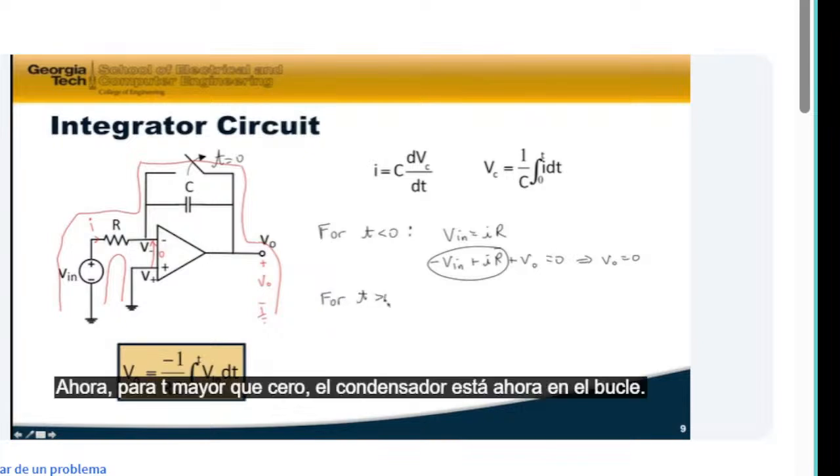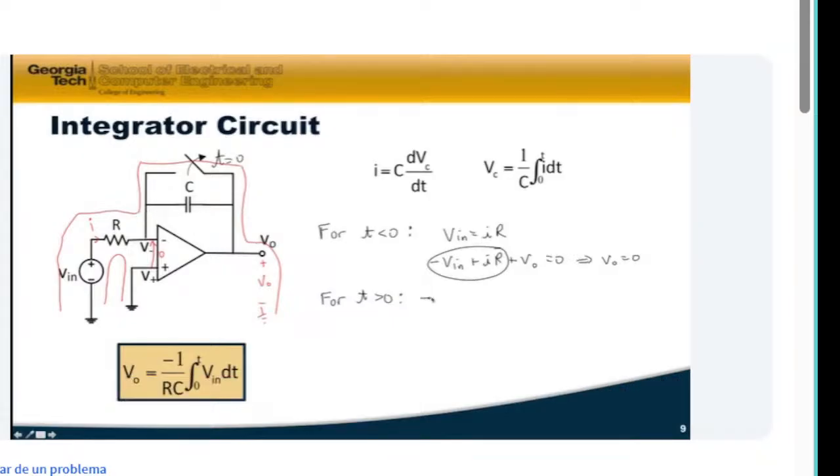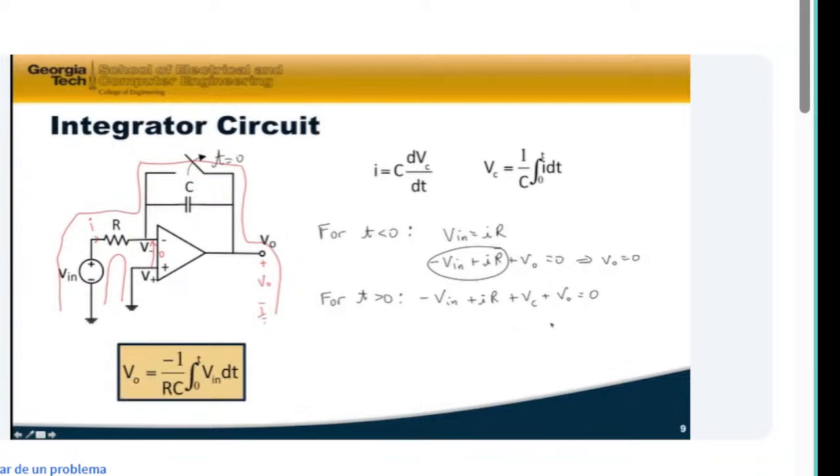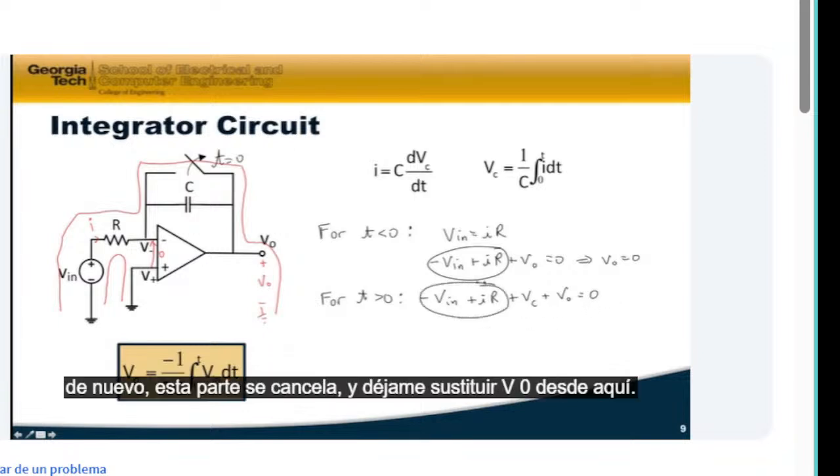Now, for t greater than 0, the capacitor is now in the loop. So I can write a KVL going across that capacitor. I'm going to get the same minus Vn plus IR. Now I have to go through the capacitor, and that capacitor voltage I'll call V sub C, plus V0 is equal to 0. Well, let me substitute in. Again, this part cancels out, and let me substitute in for V0 from here.